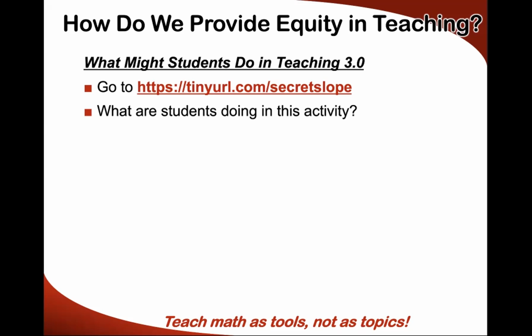And the problem there is because they feel like, I don't know the answer, so somebody else is going to answer it. And in their mind, and this is a really good point that you raised, learning math is about learning the answer. Whereas with Teaching 3.0, the answer is secondary because you can look it up.